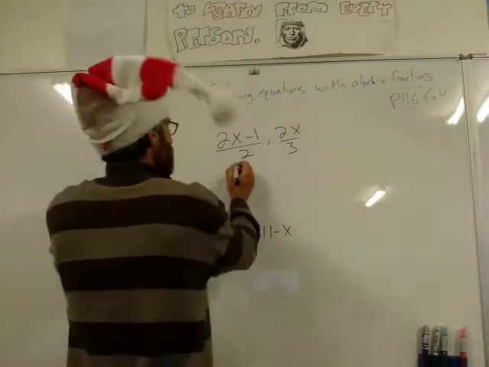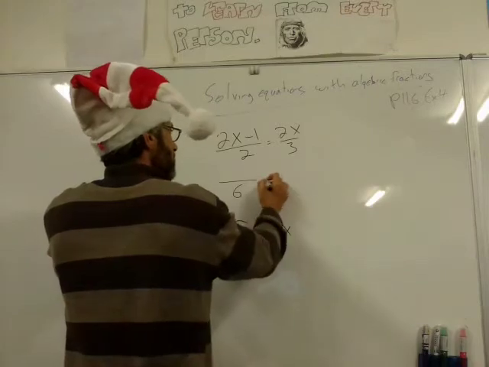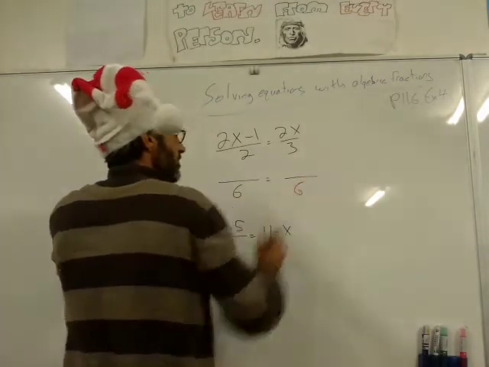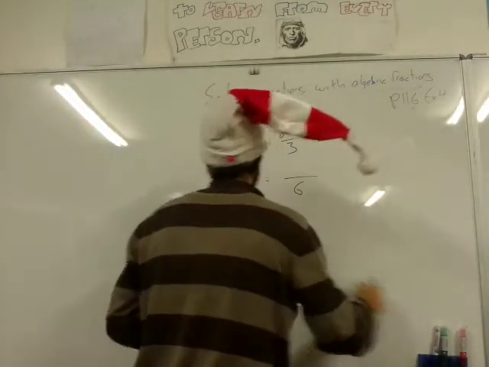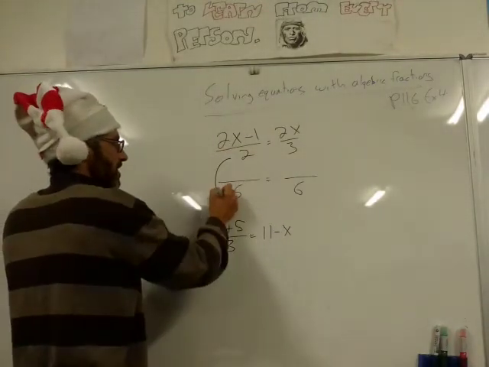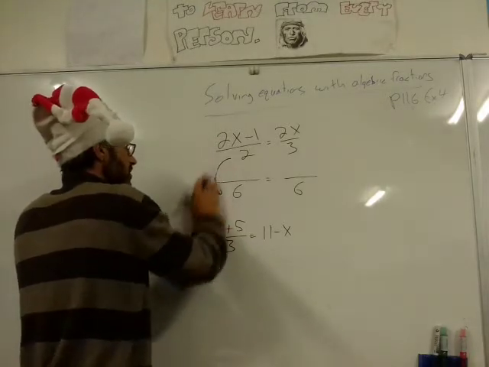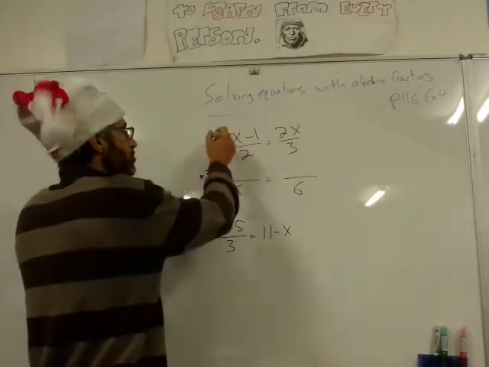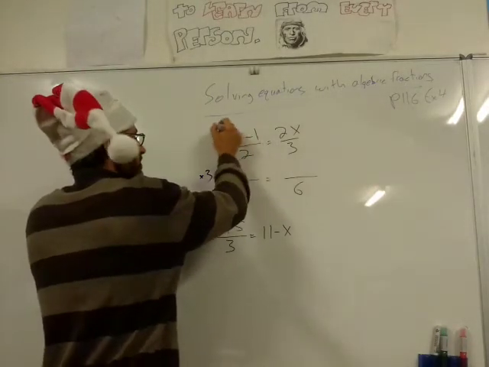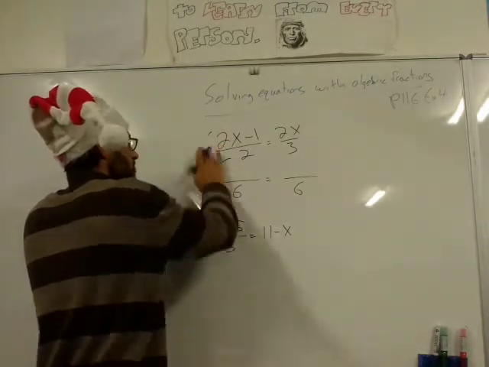So I'm going to write, instead of divide by 2, divide by 6. And instead of divide by 3, I'm going to write divide by 6. But to do that, because I multiplied the denominator here by 3, right, 2 times 3 is 6, I must also multiply this by 3.